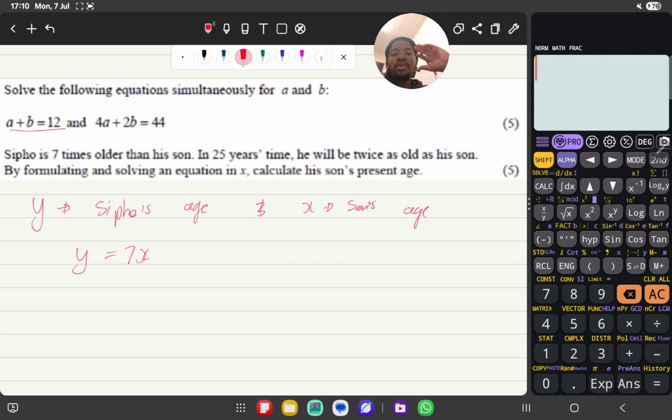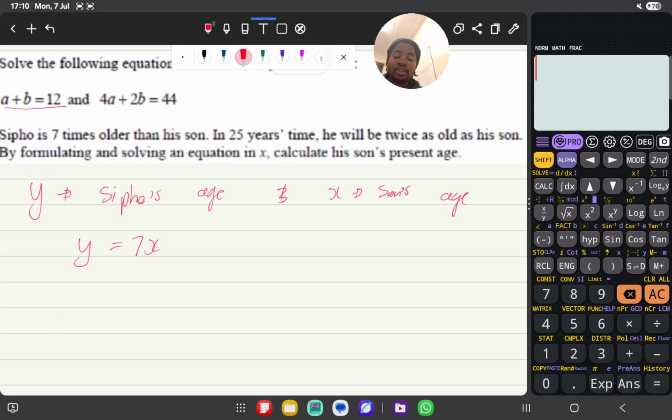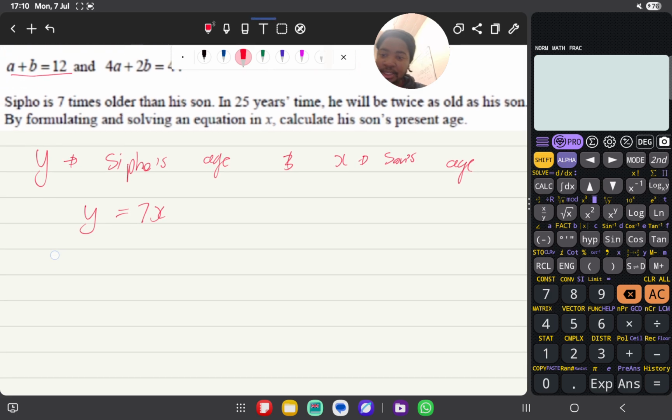So this is the current situation. Let's find a way to put that into an equation. It's a very tricky one. So in 25 years from now, implying what did we do? We added 25 years to their ages.